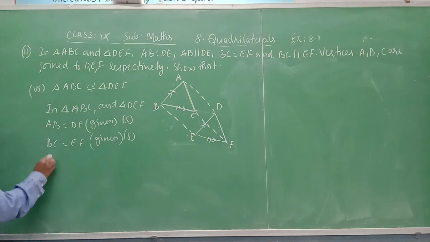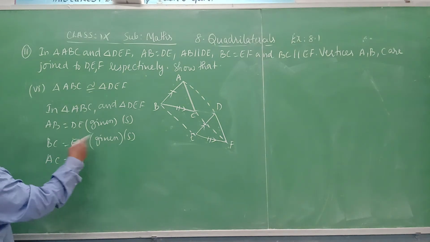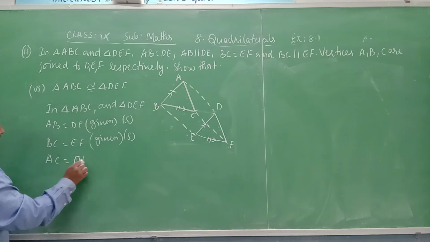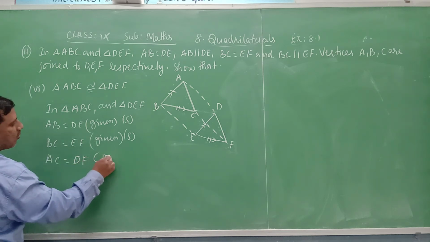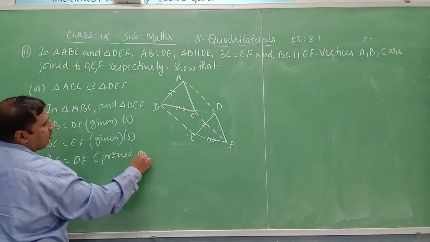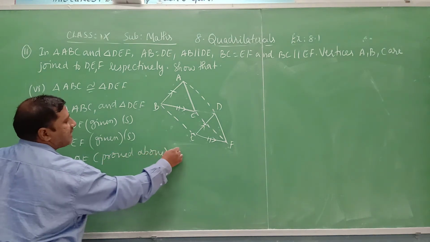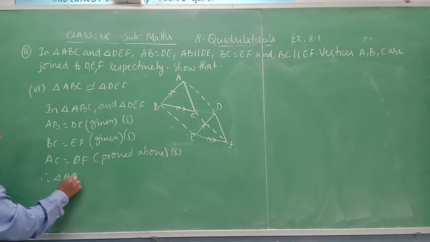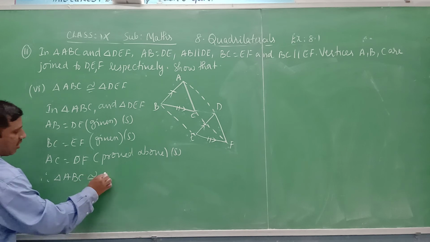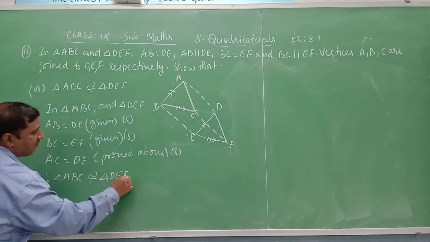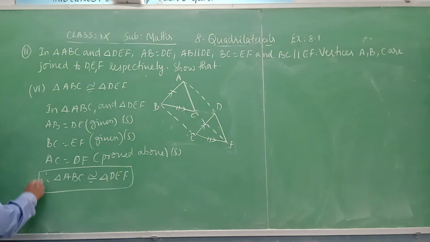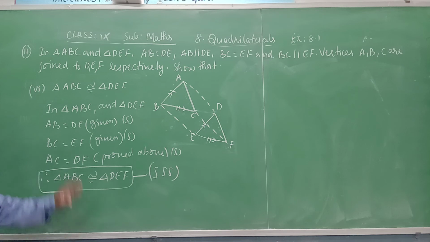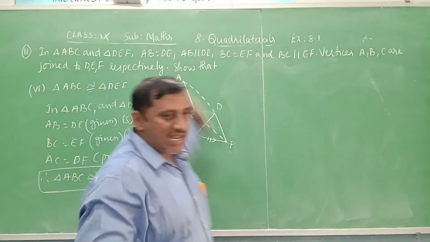And we have proved AC is equal to DF above. So that is also sides of the two triangles. Therefore, triangle ABC is congruent to triangle DEF by SSS congruency criteria.